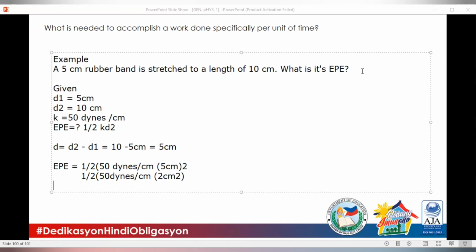And that is equal to 50 times 25 times 1 divided by 2, and you will get your EPE here, or elastic potential energy, is equal to 625 ergs.